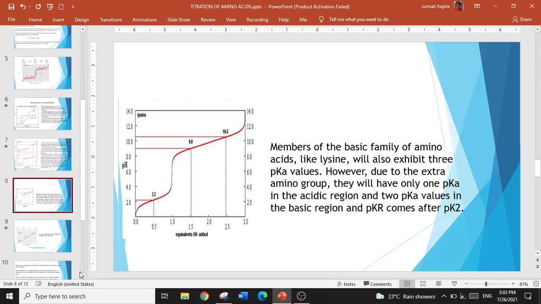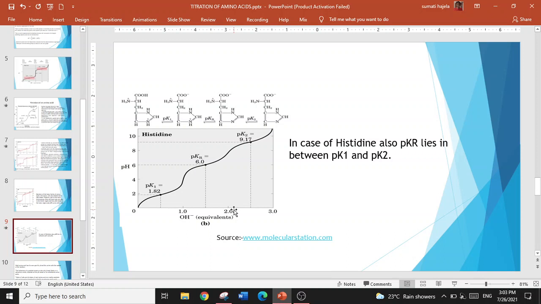Now what will happen for histidine? हिस्टिडीन में कैसे स्पीशीज वेरी करती है. pK1 इसका कहाँ आया, 1.82 पे. अगेन दिस इज फॉर कार्बोक्सिलिक ग्रुप. देन pKr आ रहा है 6. Here you can see the charged unit.